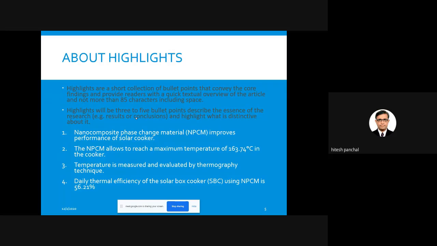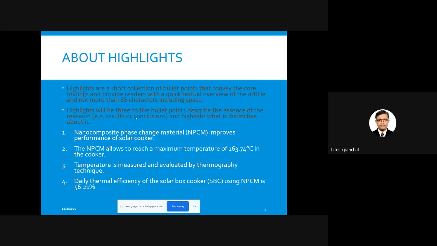Highlights will generally be 3 to 5 bullet points that describe the essence of the research, like the results or conclusion, and highlight what is distinctive about it. It means your research work is somewhat novel, and you can write out the novelty here. Here I have put the 4 points of my research paper submitted to an Elsevier journal.